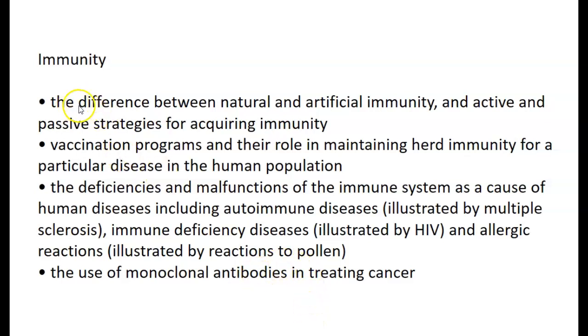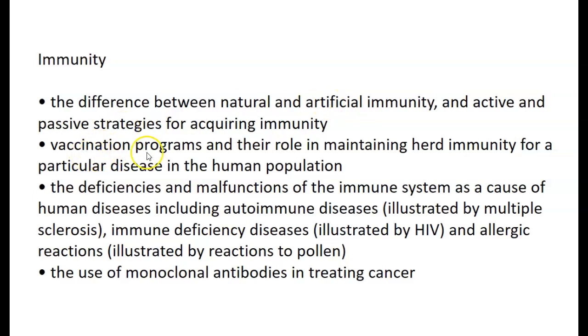So we'll start out looking at the different ways that we can become immune to certain pathogens, comparing some key terms being active and passive, and natural and artificial, what they mean.